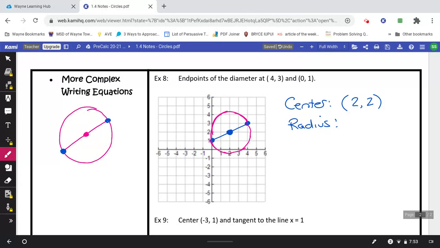So we're going to imagine a very small triangle right here and right here, and that's going to help us find that hypotenuse. On this little triangle, this side is 2, and this side over here is 1. So we can do 2 squared plus 1 squared equals c squared. 4 plus 1 equals c squared, which gives me 5 equals c squared, and I'm going to take the square root of that. So c equals the square root of 5. Radius, square root of 5.